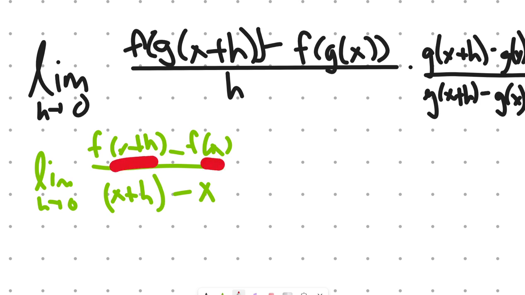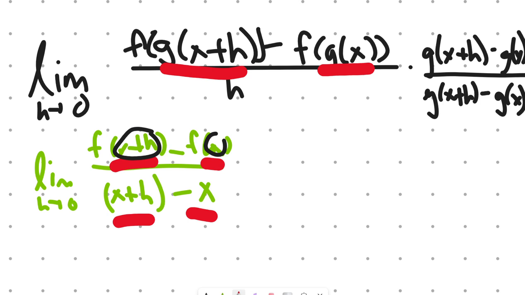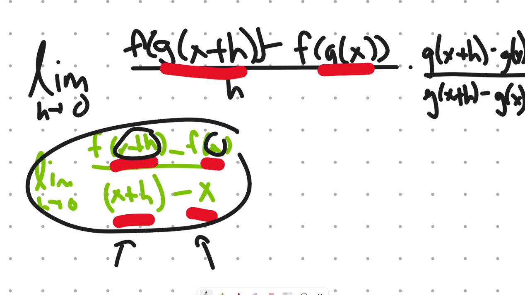We have the x plus h and the x, and these are both the inputs of the function f, so we have to look at the inside, where we have g of x plus h and g of x. If we take the g of x plus h and the g of x down here, then we'll have the limit definition.